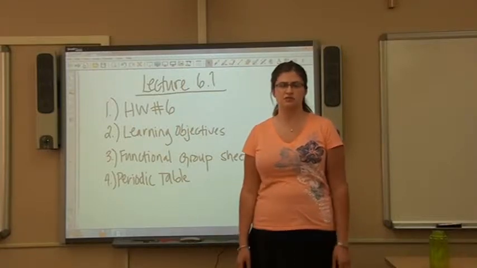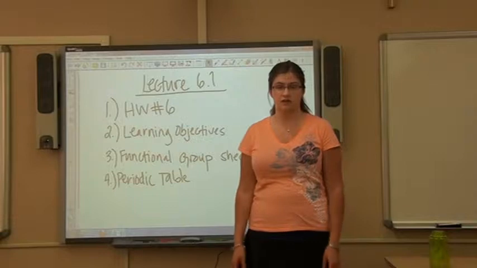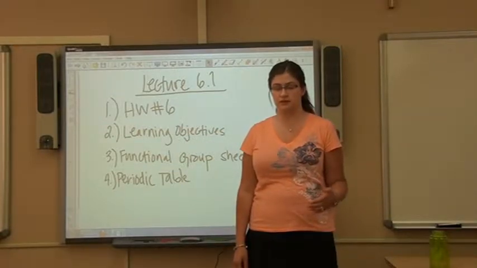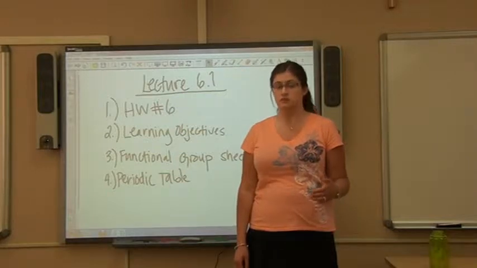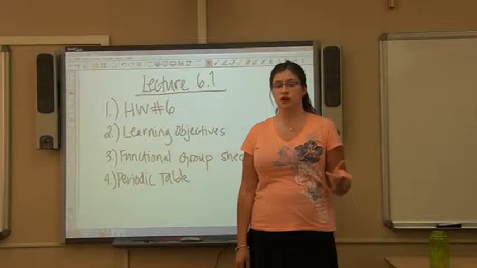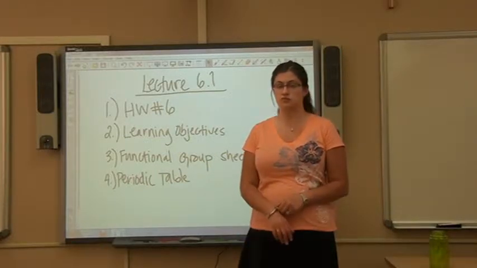Basically, it's just for you to find functional groups within real compounds that you have tactile experience with. This is really different than the rest of the quizzes or homeworks. So if you do have any questions about this, please let me know right away. This is due on Friday, and if for some reason you need a few extra days, make sure you let me know really soon, okay?